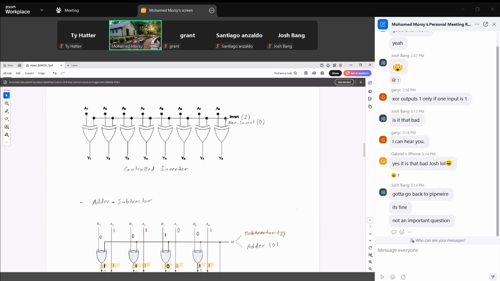One input is called invert, and the other input is for the data. So this gives negative numbers because we invert, like we use one's complement here. We can invert the inputs or we can keep them as they are.